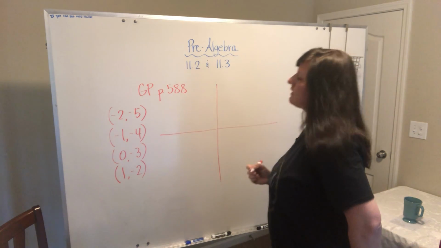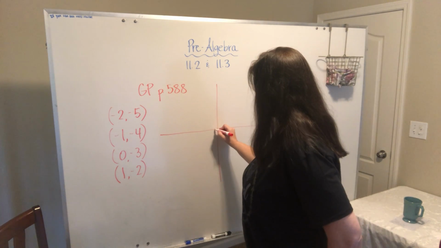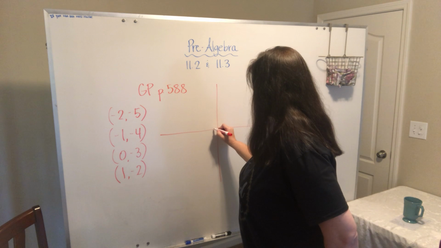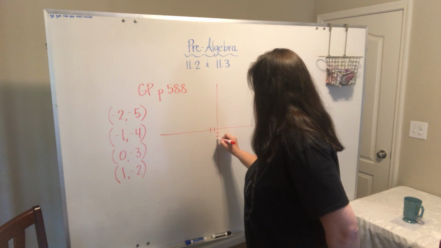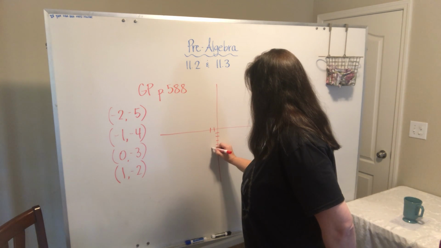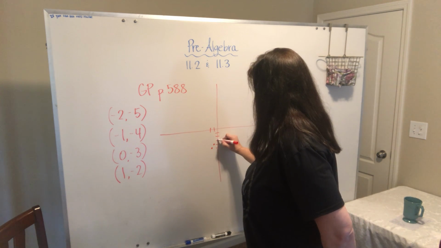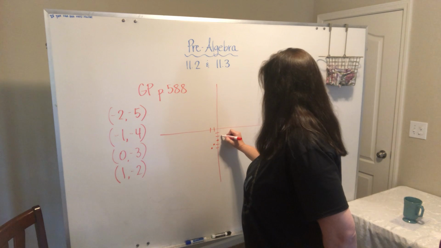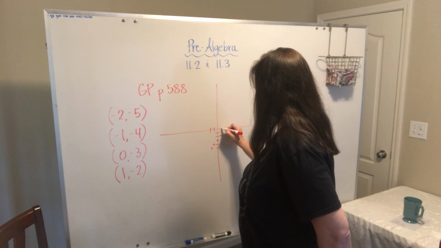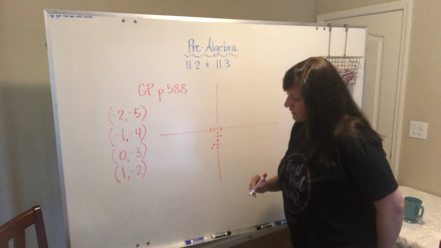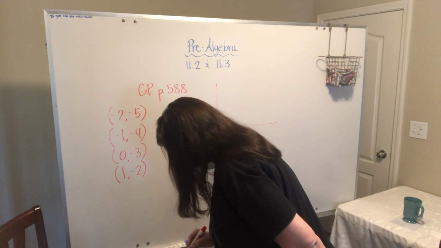Now in this case, these look like they're going to be pretty even lines. Your data won't always be. So -2, -5, I've got a point there, -1, -4, 0, -3, 1, -2. Okay, so in this case, those go up pretty steadily.